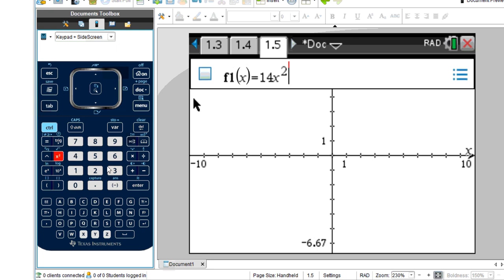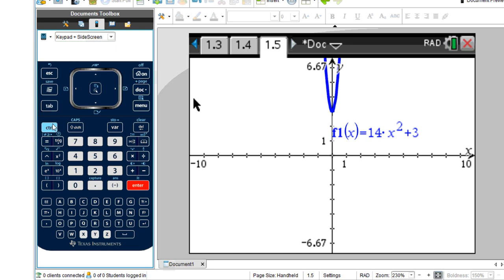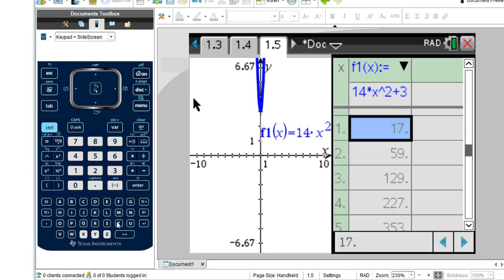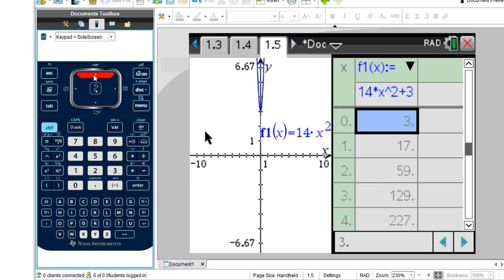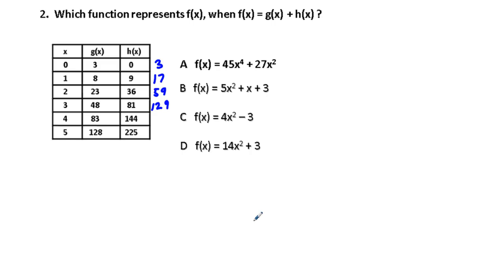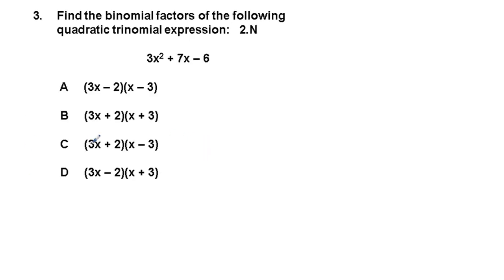Control T. Yeah, I think this is it. It's going to be 3, 17, 59, 129. Yeah, this is going to be it. So that's your choice, D. That's the correct answer.